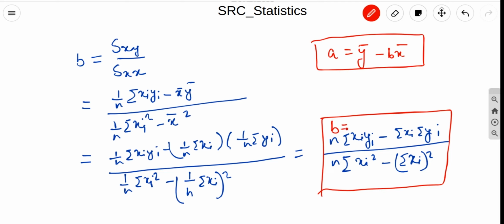So b is the value of the slope, and a is the value of the y intercept. If we find a and b and put them in the line of regression y hat equal to a plus b x, this gives us the line of best fit.